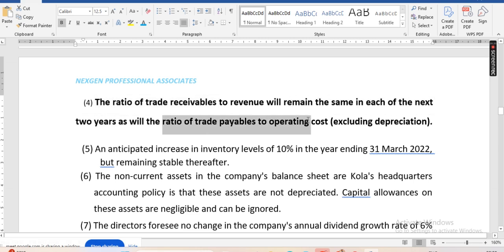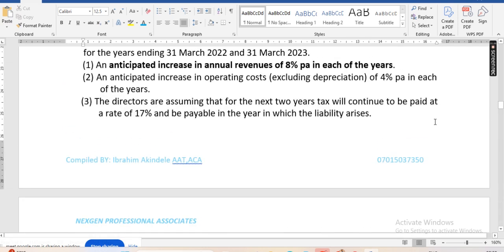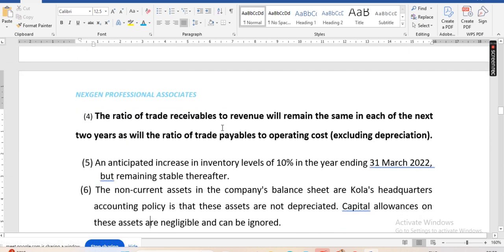While your trade payables to operating cost, which means that your trade payable will also increase on the basis of operating cost, the ratio of trade payable to operating cost. Now, in this question, we were told that operating cost is 4%, which means that your trade payable will increase by 4%. And that is what it is.